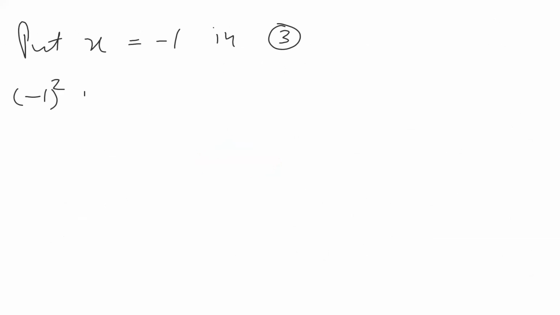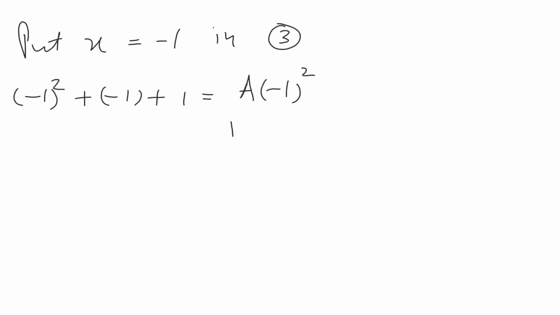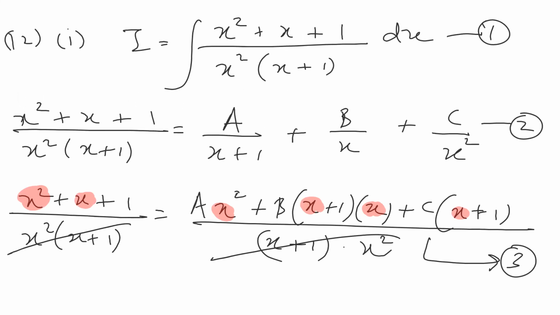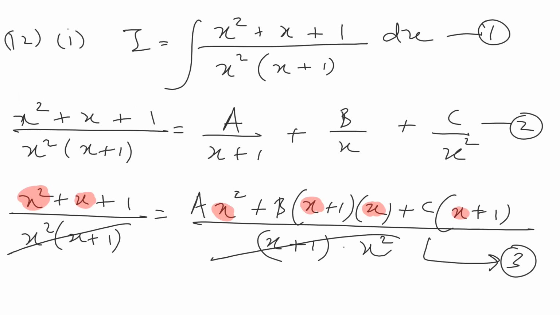Solve systematically. A into (minus 1) the whole square, plus B into (minus 1 plus 1) into minus 1, plus C into (minus 1 plus 1).